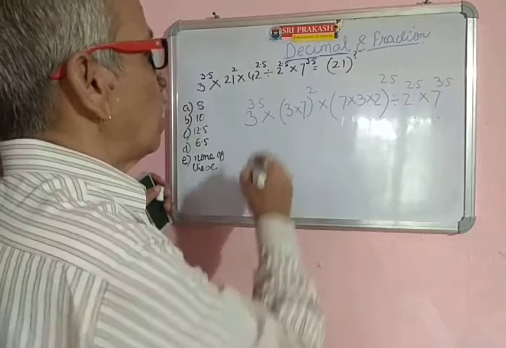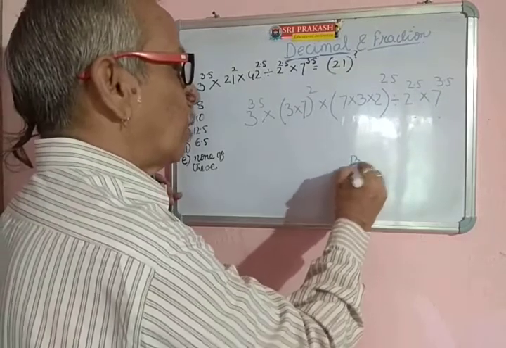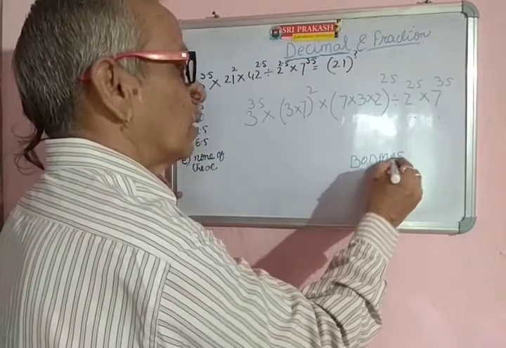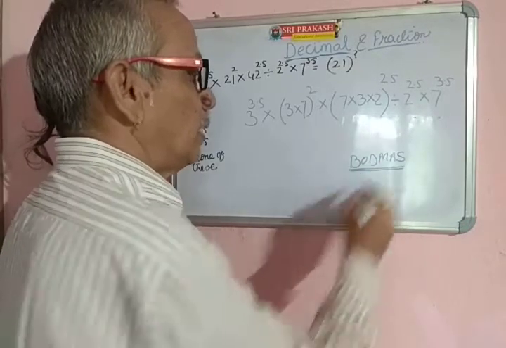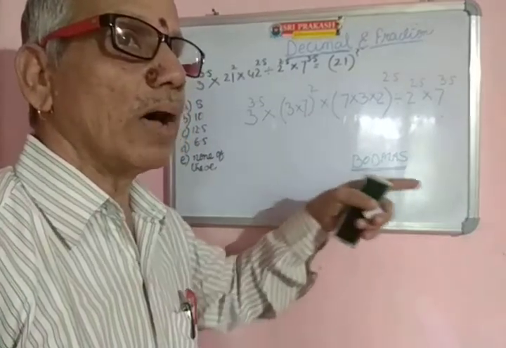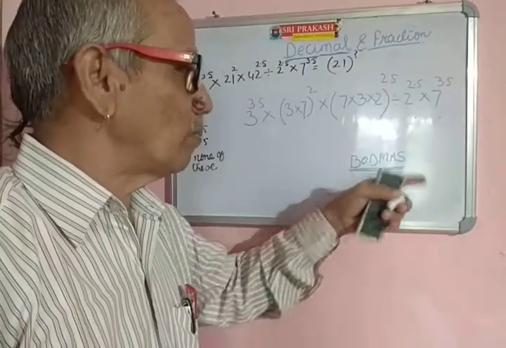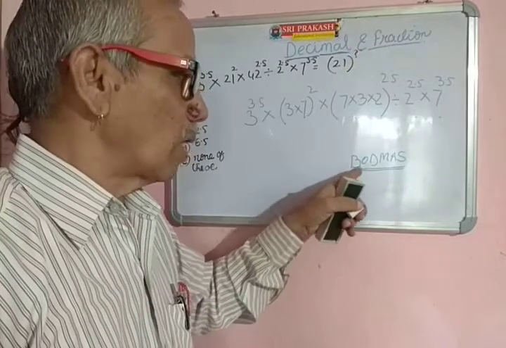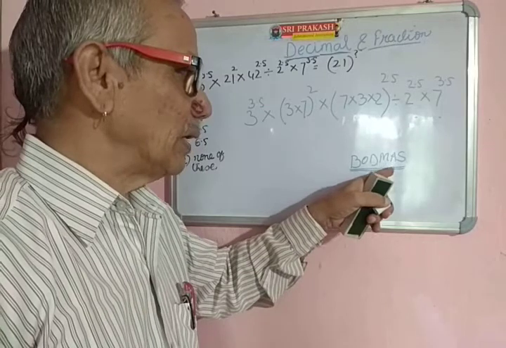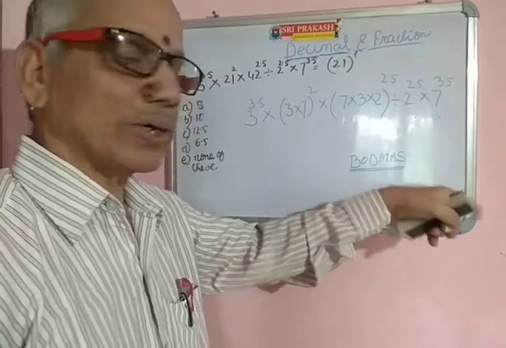Clear? So now you remember BODMAS. When we simplify any numbers, we should remember this rule, BODMAS. What is the full form of BODMAS? Brackets, of, division, multiplication, addition and subtraction.